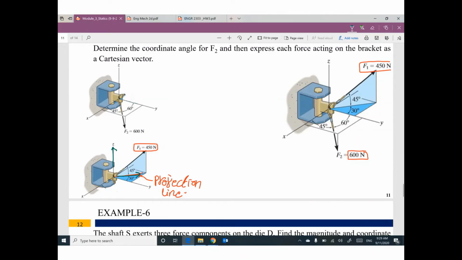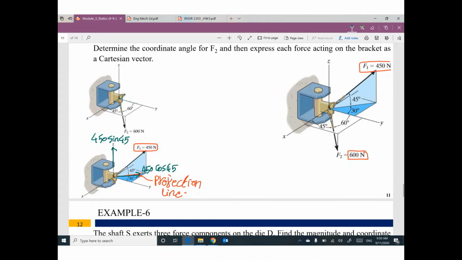Because your angle between the force and projection line is 45 degree. I think the component adjacent to 45 degree will be cosine. So we have here 450, the force, cosine 45. This is the projection line component. And your Z will be 450 sine 45 degree.